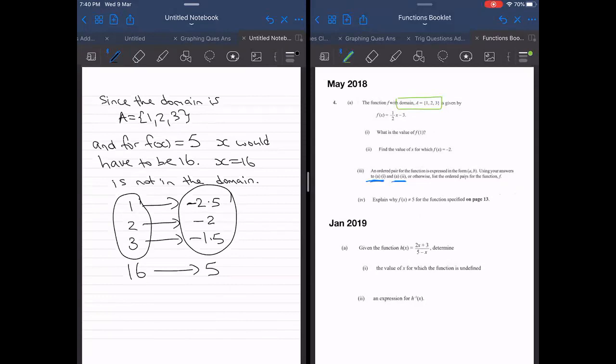Are you guys seeing that? So they're asking you to explain why f of x cannot be 5 for that specific function. And I'm saying it cannot be 5 because the only way for it to be 5 is if x was 16. But based on what they've told us, x would never ever be 16. X can only be 1, 2, or 3.